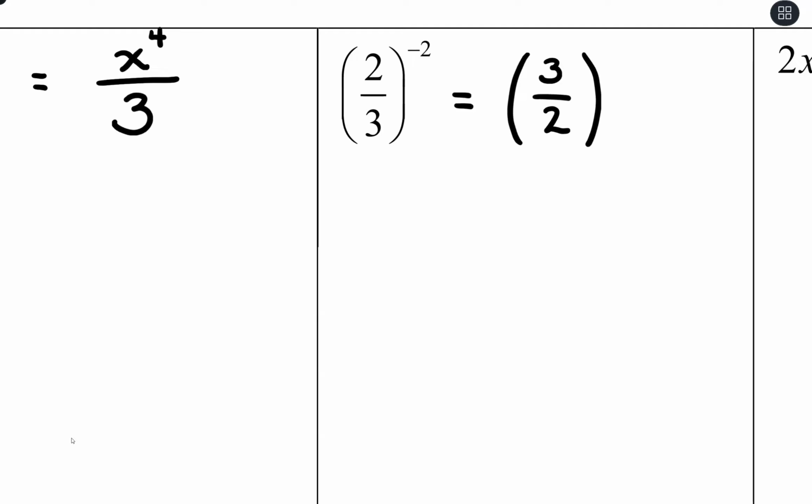And if we flip, we now have a positive exponent. So it's just a nice little property where that negative is just telling me to move things. We can make that positive by switching our numerator and denominator. And then each value is going to get that exponent of 2. So this is going to be 3 squared over 2 squared, which will be 9/4.